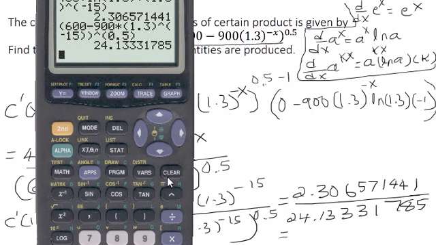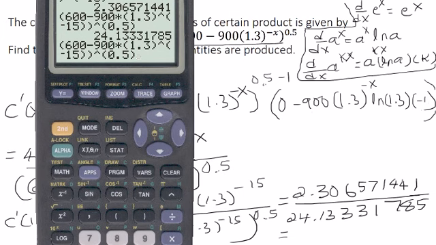Okay, so we're going to divide the numerator by the denominator. So it's going to be 2.306571441 divided by the answer I have here. Oops, is that right? Okay, I messed up.